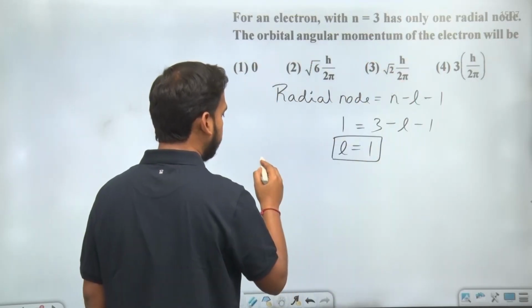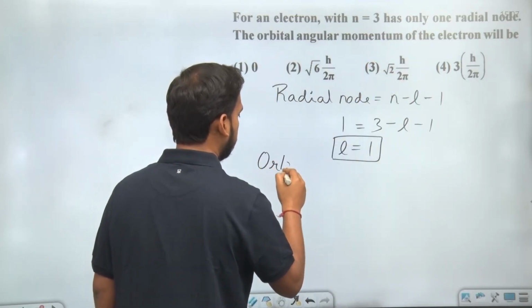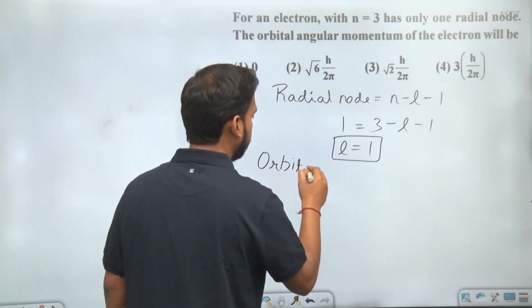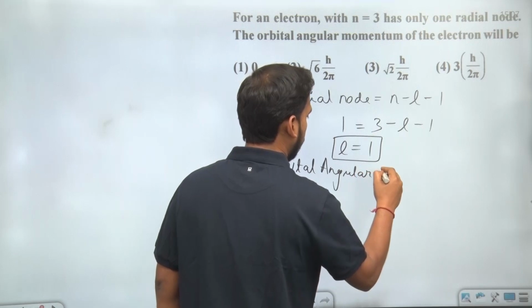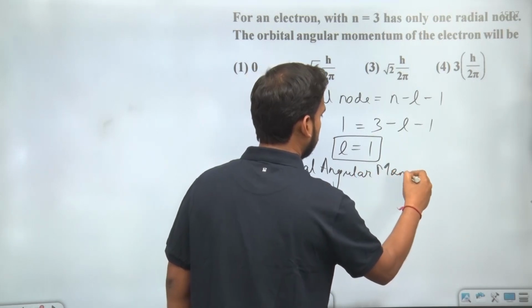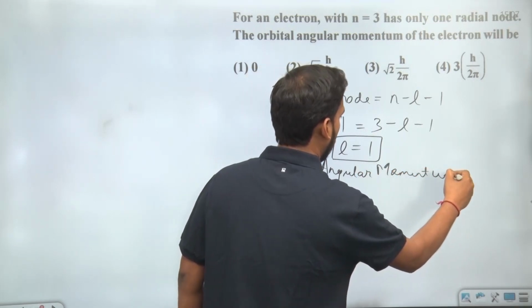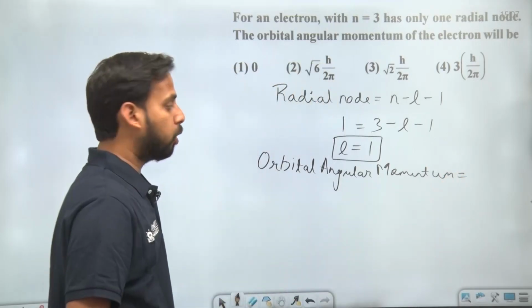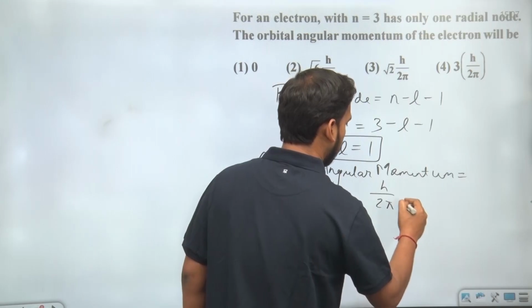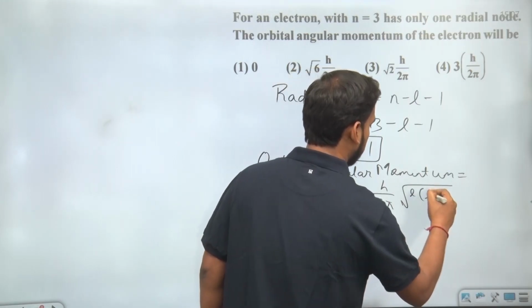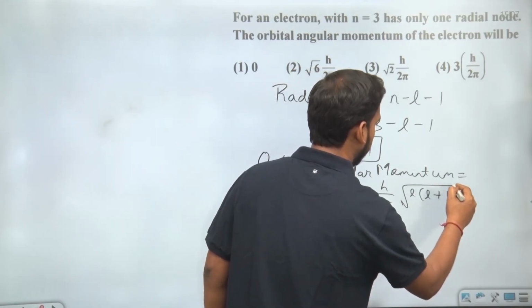From L equals 1 we have to calculate the orbital angular momentum. The formula of orbital angular momentum is h upon 2 pi under root of L into L plus 1.